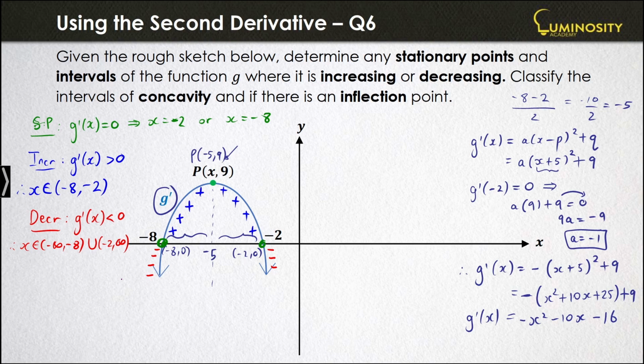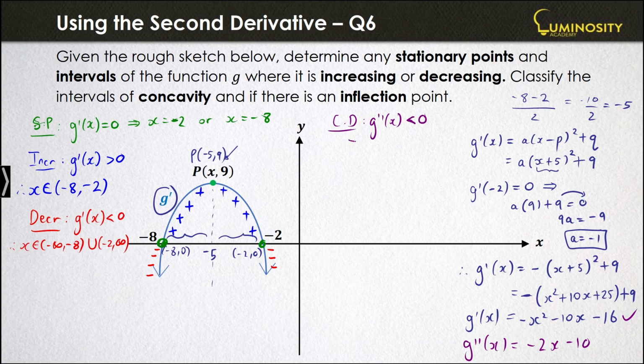What about concavity and inflection points? For concave down, mathematically, that is the second derivative less than 0. I know my first derivative is this function here. So my second derivative, g double prime of x, is going to be -2x minus 10, using the derivative laws on the first derivative function.